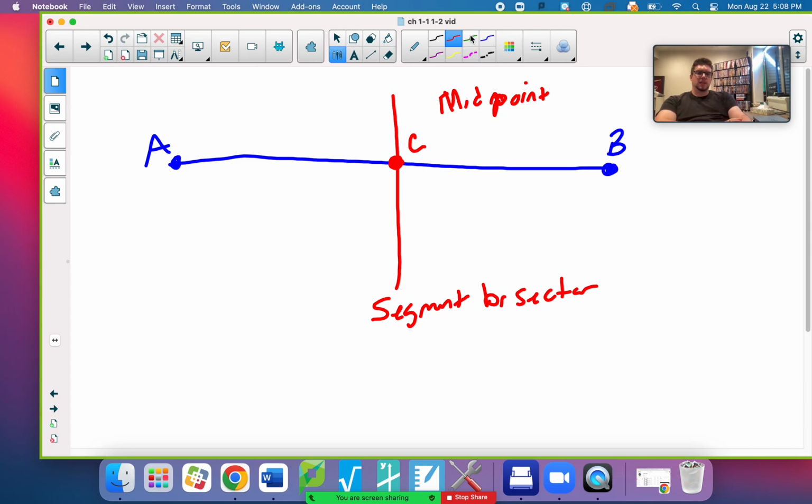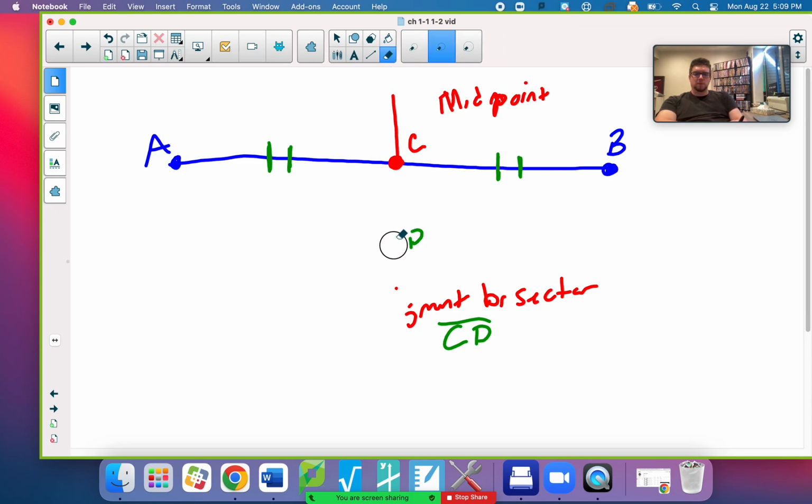Sometimes they don't directly tell you C is the midpoint, or that this line, call it CD, is the segment bisector. Instead they put little hash marks or tick marks, and that tells you that the length from A to C is the same as B to C. They are congruent. So if they're congruent, we can solve problems like this.